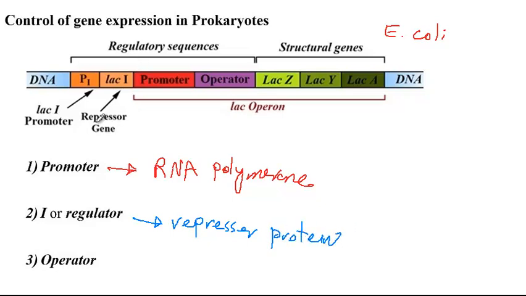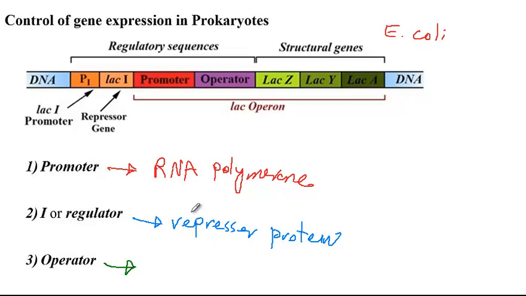So here we have the repressor gene that can be translated into repressor protein. Next, we have the operator, which is a short DNA sequence that recognizes the repressor protein. So once repressor protein is made, it will recognize operator and bind to it.